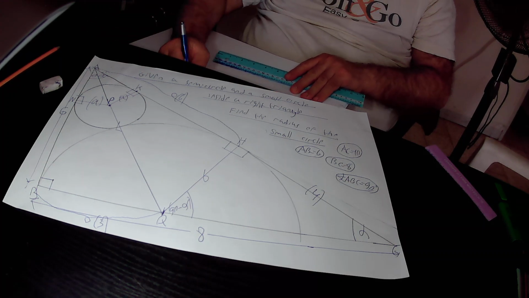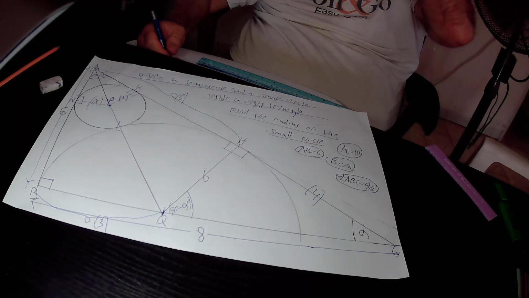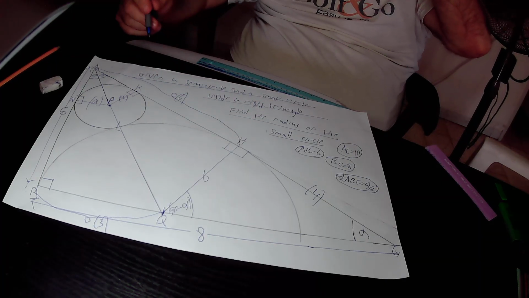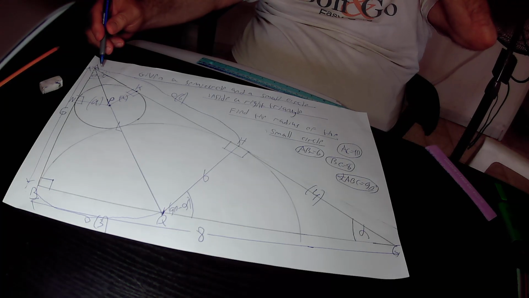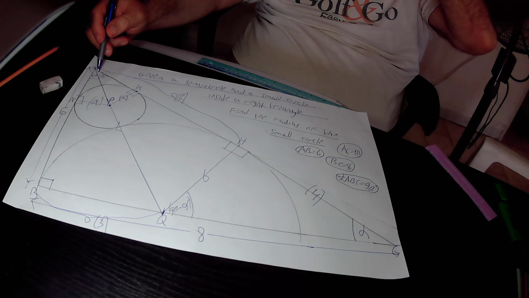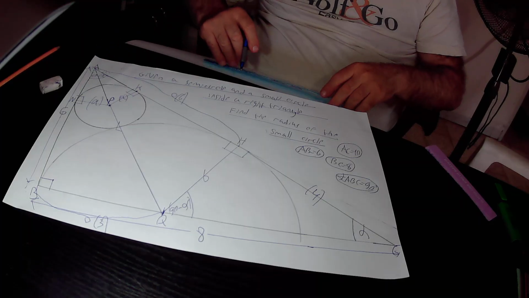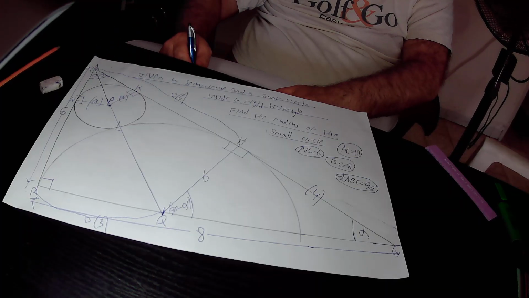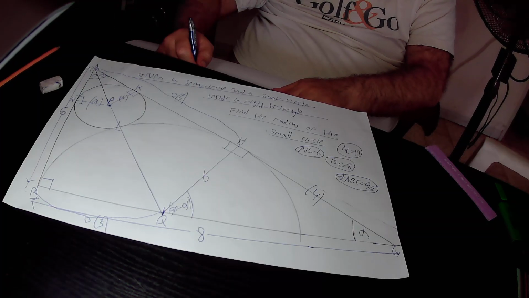If line segment APQ is one straight line, it means that angle theta is a common angle that belongs both to the small right triangle A and P, and angle theta belongs also to the big right triangle BAQ. So right now I should have found out in conclusion that angle theta is a common angle that belongs to both triangles.